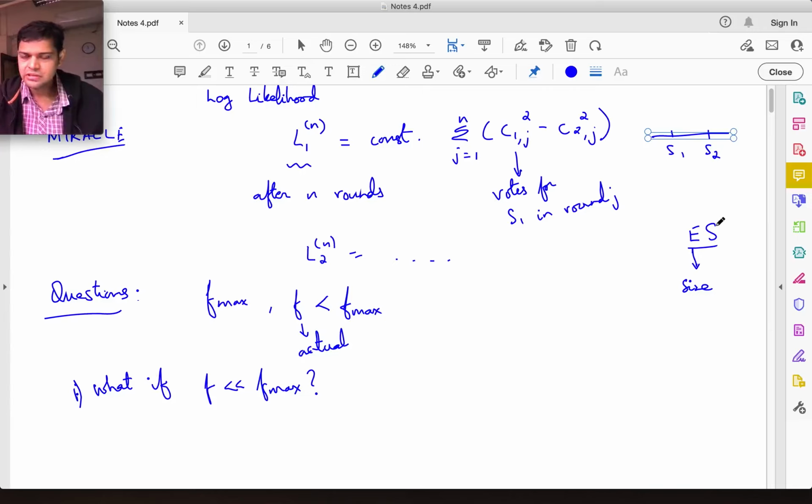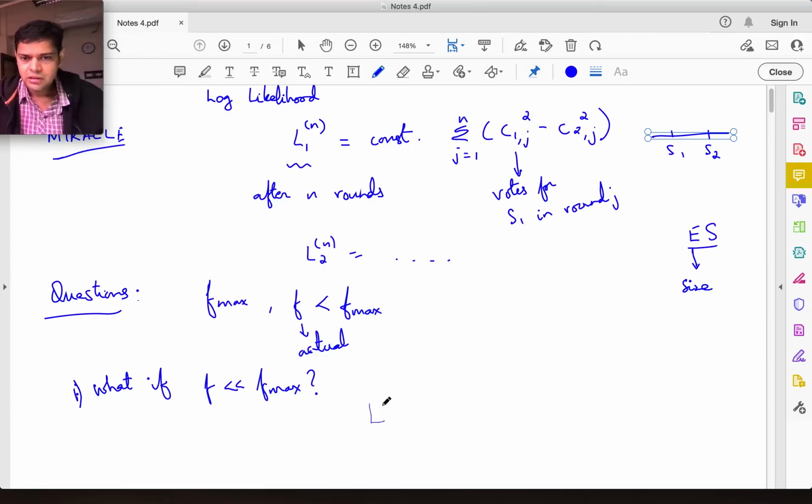The larger the execution set, the fewer rounds you need before you converge, but of course there are more votes submitted in each round. But the question is, what if F is much smaller than Fmax?